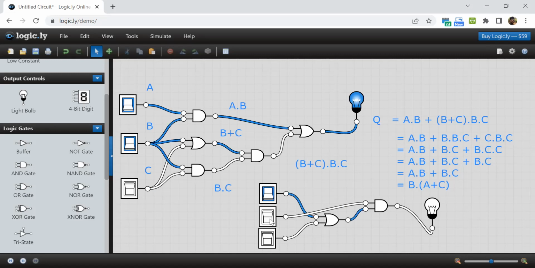Yes. Switch on. Try BC. Switch on. Try AC. Nothing will happen. Try ABC. Switch on. See? They are equivalent, isn't it?